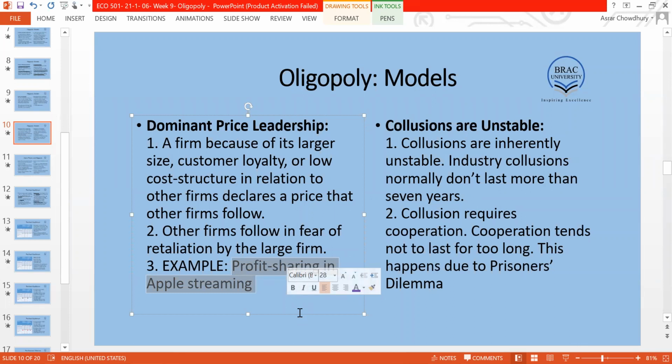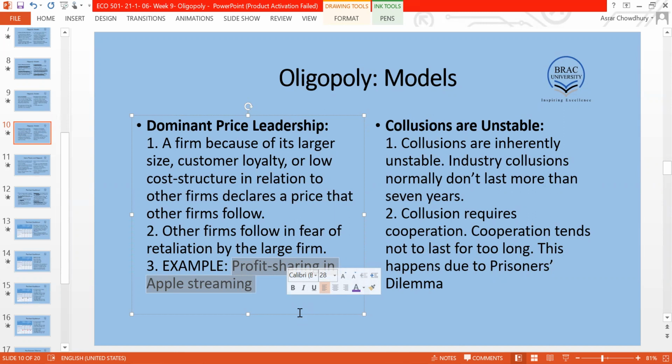Yes, sir, I do. Do you know how the pricing is done? You don't know how the pricing is done there, right? No, sir. Acha. Apple determines, if there are 100 suppliers who will supply their podcasts on Apple Podcasts or their songs or other types of music in Apple Stream, Apple decides how much revenue each firm will get.